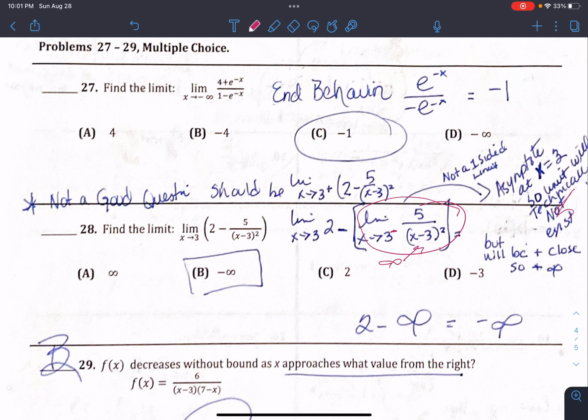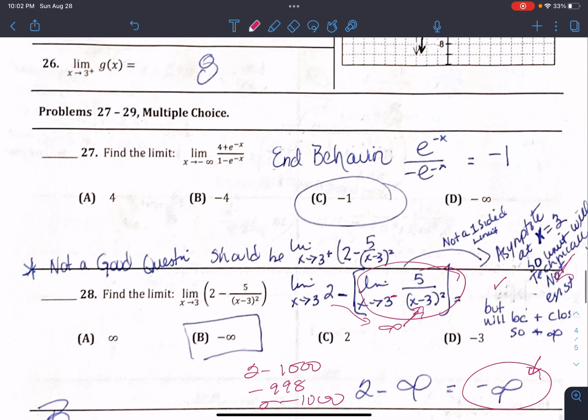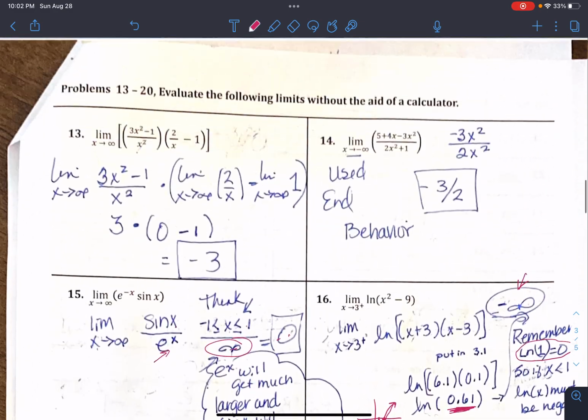And so the whole thing is getting bigger and bigger. So it's 2 minus 1,000, which is negative 998. And then 2 minus 10,000, which is negative infinity. So I didn't really like that question, but looking at it now, if you take it from either side, because it's squared, it makes sense that it's negative infinity. Okay. All right, so that was the questions from this homework.